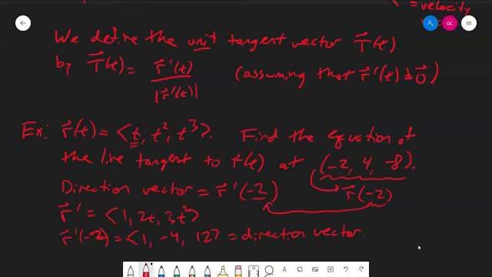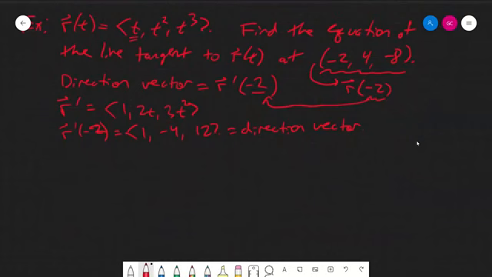Okay, now let's just write the parametric equations of that line. So x equals, y equals, z equals, we put the point here in the first column, and then the coefficients of t come from the direction vector. So 1t, -4t, and 12t.